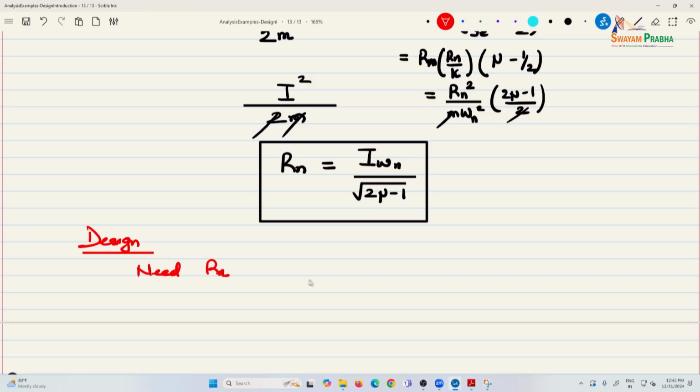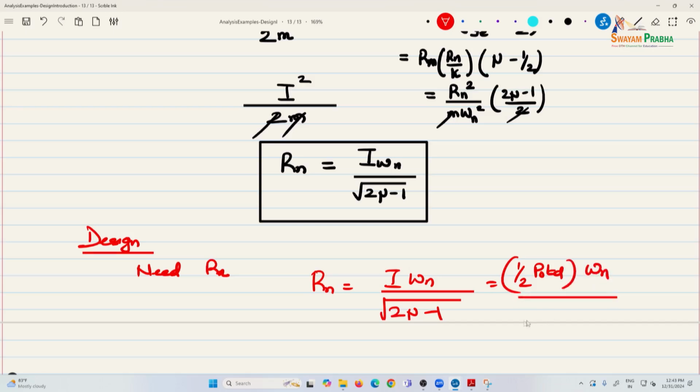So we can say Rn is equal to I omega n by square root of 2 mu minus 1, which is 1/2 P naught Td multiplied by omega n.